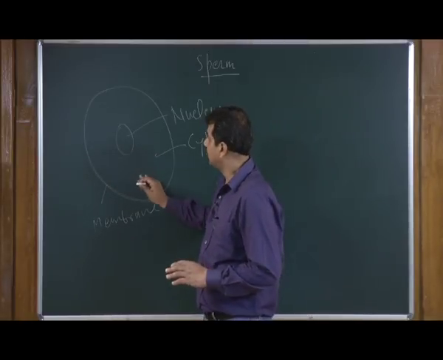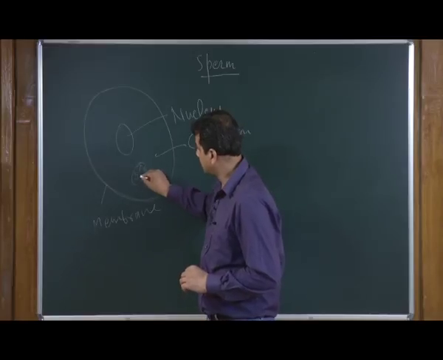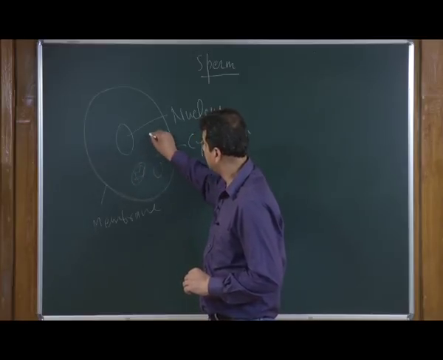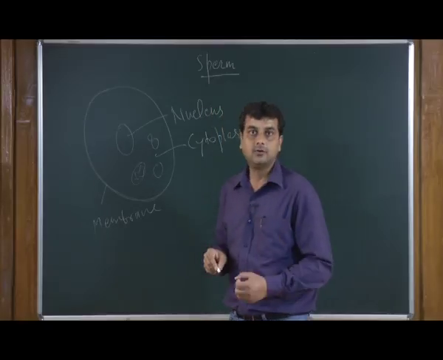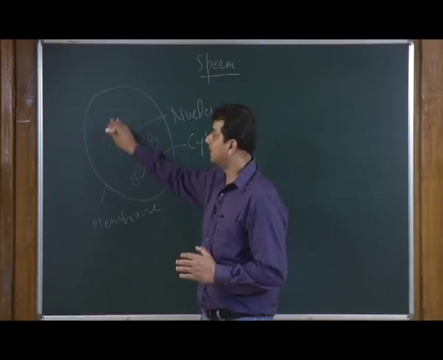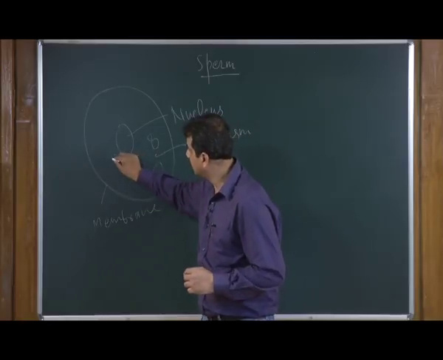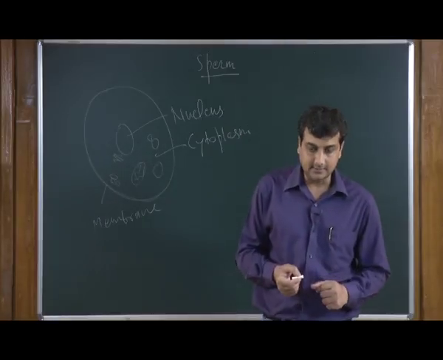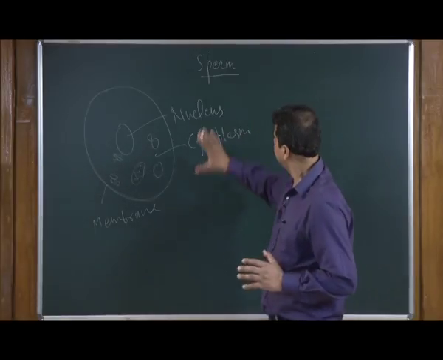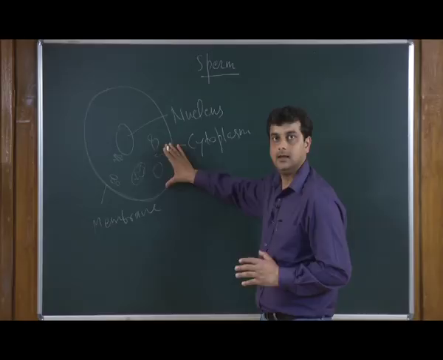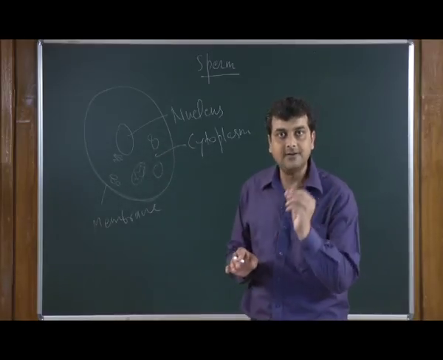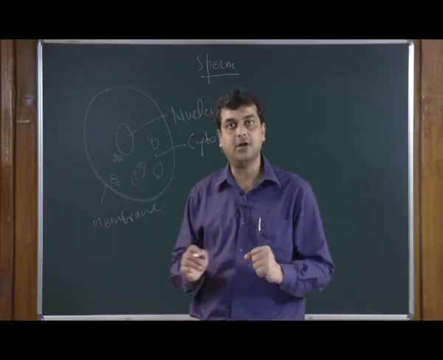So what we have is a lot of internal organs like mitochondria, we have lysosome, we have ribosome, we have other vacuoles and other kinds of cellular organelles distributed in this cytoplasm. We have endoplasmic reticulum, we have Golgi body and all different cellular organelles. Now, sperm is the same cell, but it is modified to do a very specific function of reproduction.